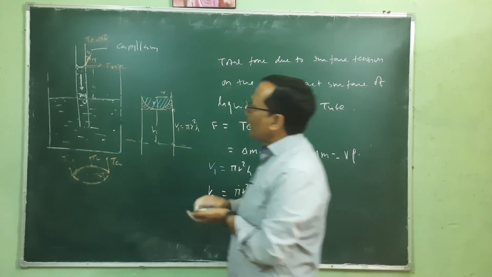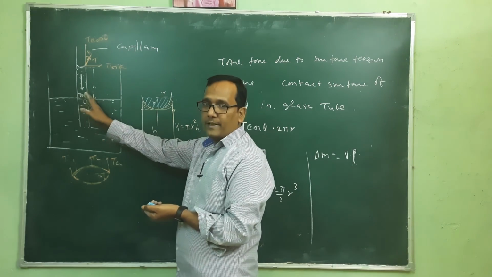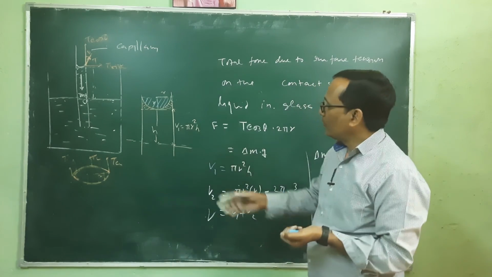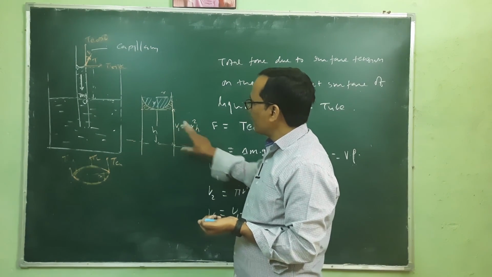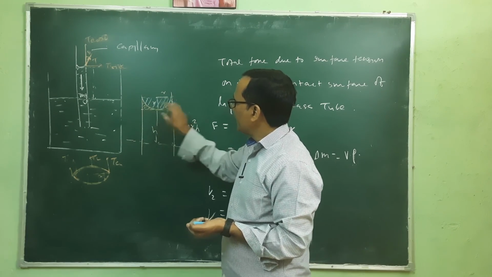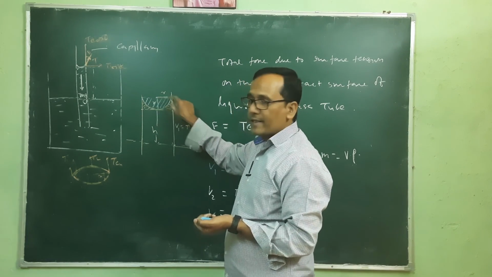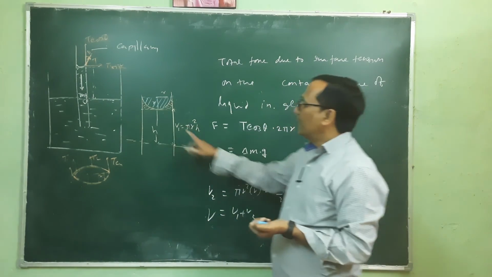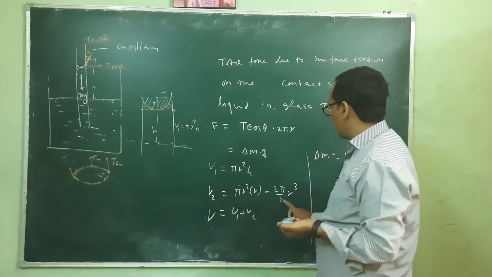And second, we have to calculate the weight and multiply by g. To calculate weight, we need the volume of that liquid. The volume of this liquid is equivalent to pi r square h, a complete cylinder, and this other part is a cylindrical part where the radius as well as height is r. So this is pi r square multiplied by r, minus the volume of the hollow part, 2 pi by 3 r cube.